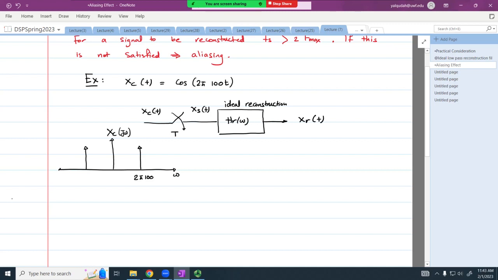It's going to have a magnitude of pi, and it's going to have two impulses, one at 2 pi multiplied by 100 and one at negative 2 pi multiplied by 100. Anybody remember that? Any objection to this? Make sense? Okay.